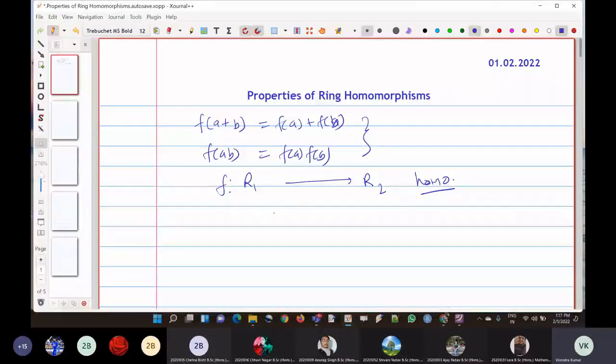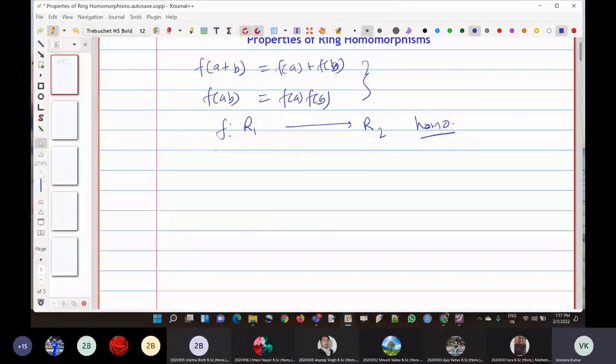Once we impose some condition, like we had in a group homomorphism, we get the concept of isomorphism of rings. So there are two things: if f is an into map, or f is 1-1 and onto both.